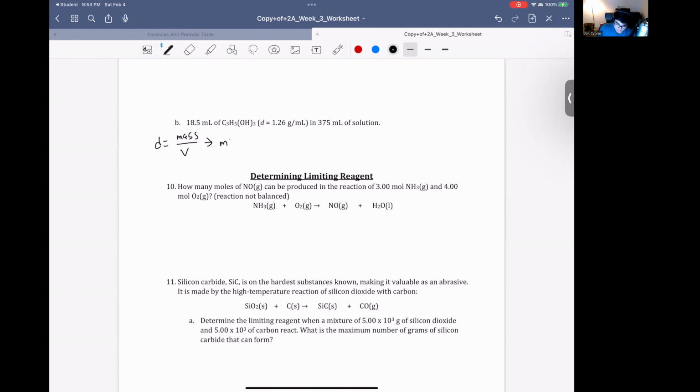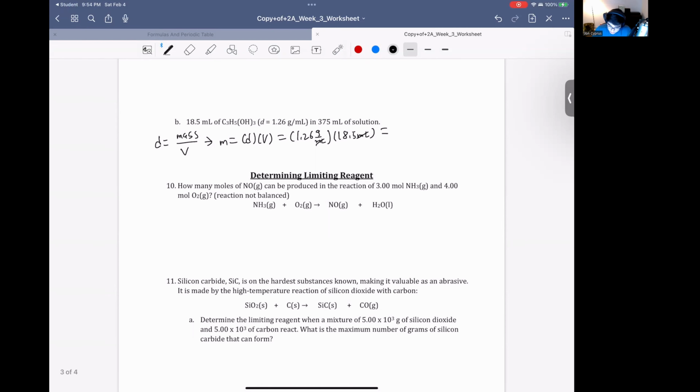The mass is equal to density times volume, right? The density is 1.26 grams per milliliter, and we have 18.5 milliliters. We do see that the milliliters cancel out, so these are in the correct units. Multiply, and we end up getting 23.31 grams of this substance, C3H5(OH)3.